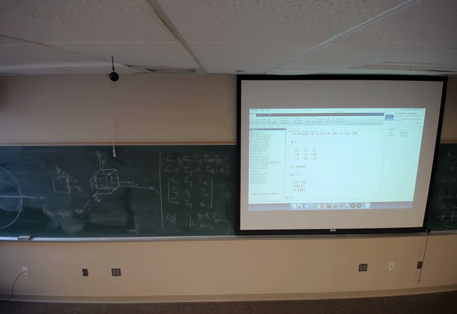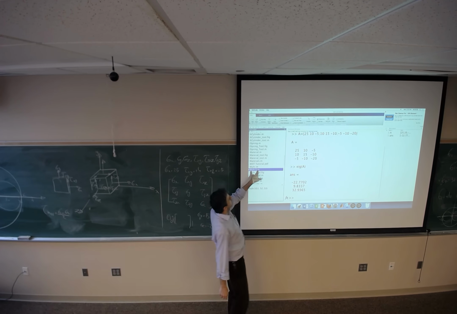On the MDT toolbox that I have on the left side, can you see the left column? I mean back there. One of the M files is named Mohr 3. This guy, Mohr 3.